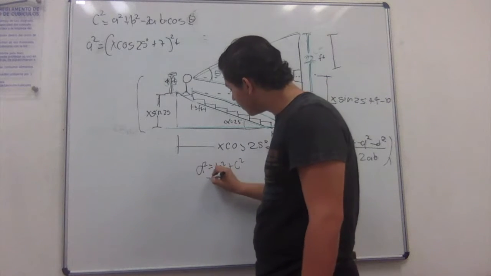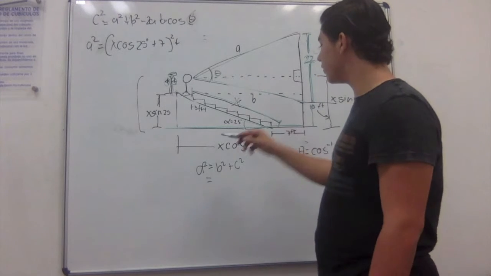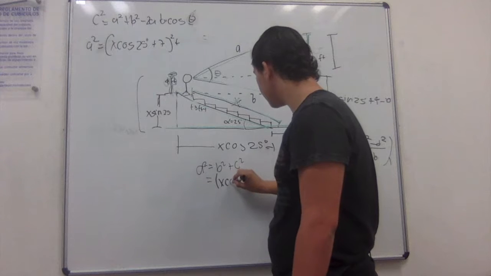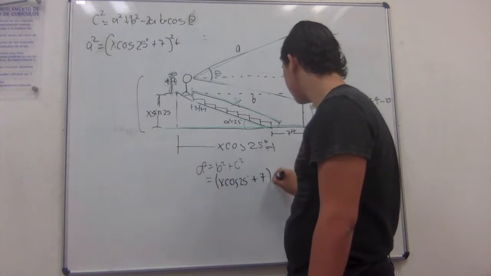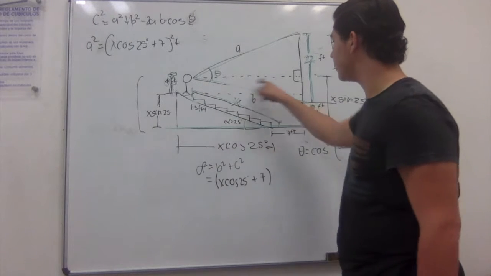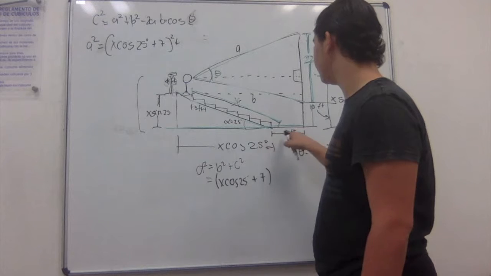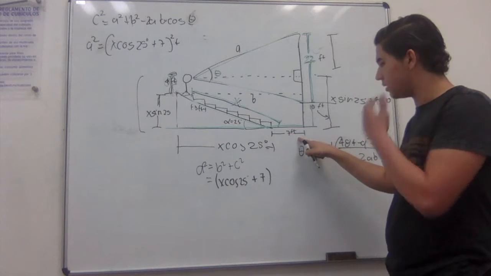In this case, this is b, so the measurement of b is x cosine of 25 plus 7. This part here we know because we measured it, and the plus 7 was given to us by the problem.